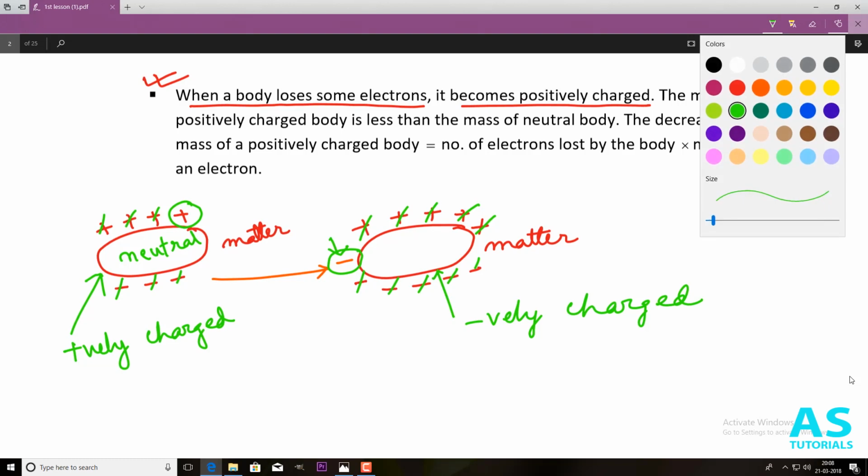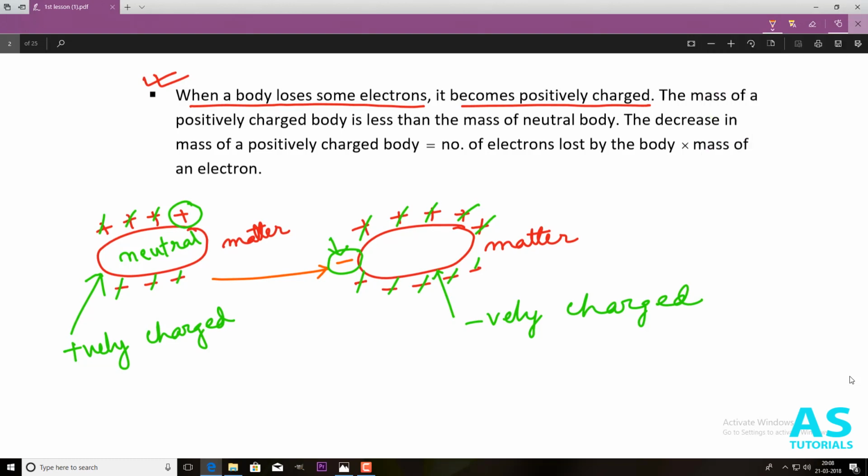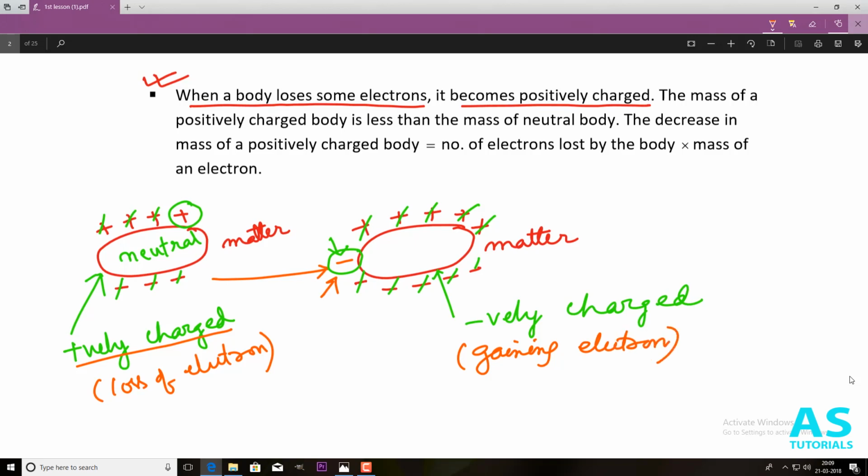So the conclusion is, when a matter loses electrons, the body becomes positively charged. This is due to loss of electrons. On the other hand, the body that gains electrons would be negatively charged.